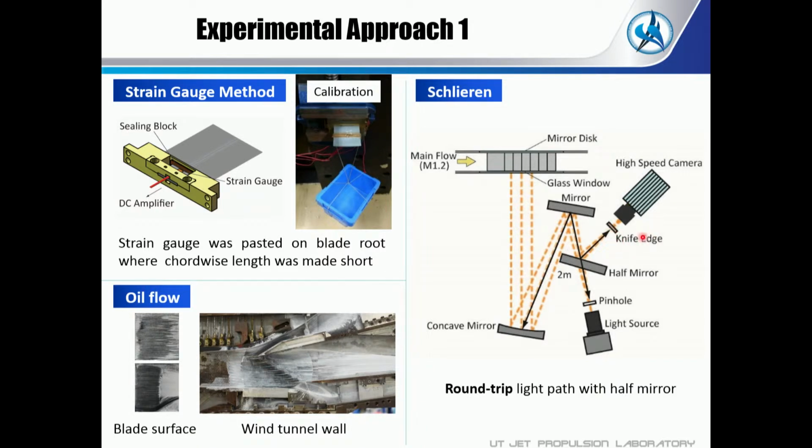If there is a steep gradient of density in the flow field, the refractive index changes, so the path of the light is changed. If we cut that reflected light with the knife edge, we can detect the region of steep density gradient as a dark part. So that is the Schlieren technique.